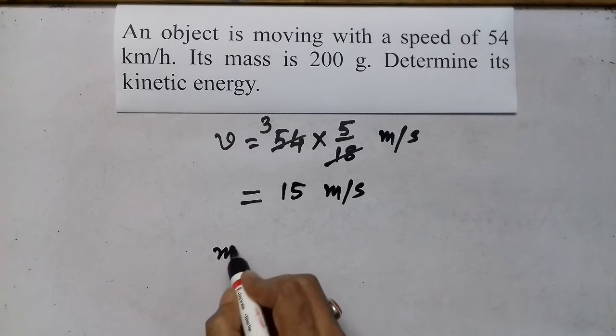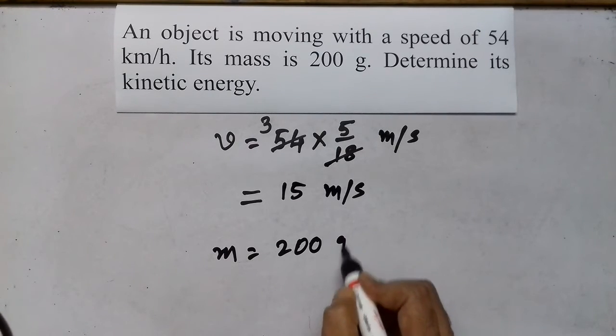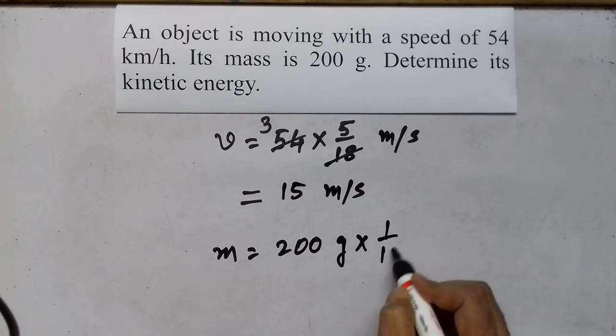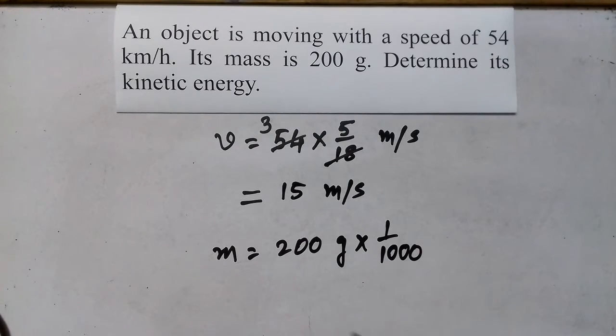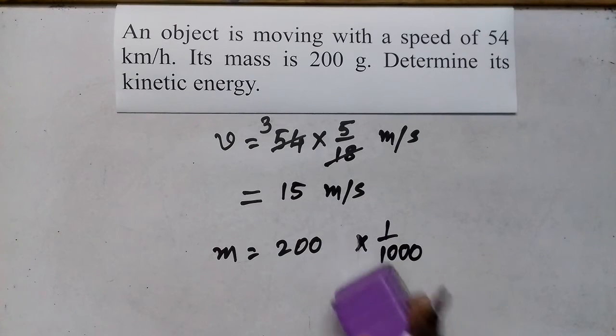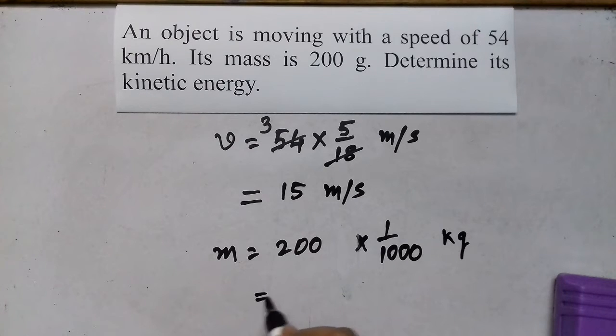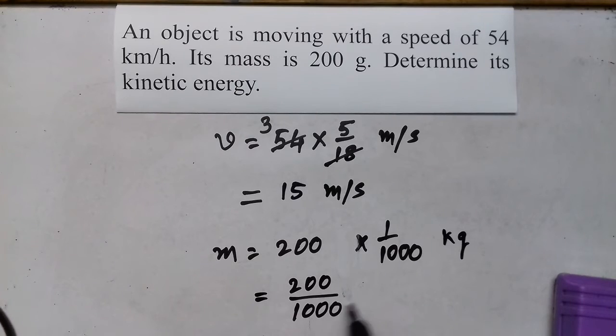Whereas mass is 200 gram, and you need to divide it by 1000 to get kg. So this gram will be removed, and the answer is in kg. I am not dividing it, just keep it as it is.